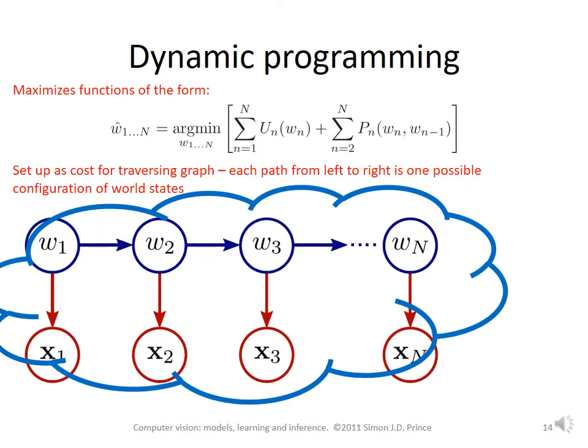The short answer is that we're going to use dynamic programming to find the maximum a posteriori inferred solution for our graphical models that are lined up as chains. So we're going to divide this rather large optimization problem into smaller bits and solve for each one of them.